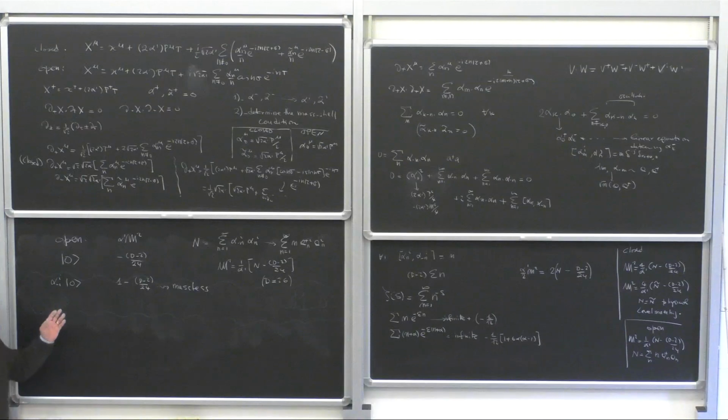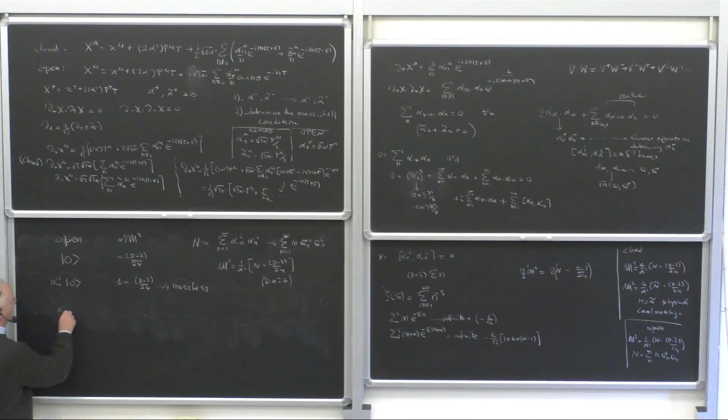Now we can continue, and let me give you a hint of the difficulty that you have in interpreting the massive modes. So if we put d equal 26, this state is massless. What's happening at the next mass level? To go to the next mass level, I can do two things.